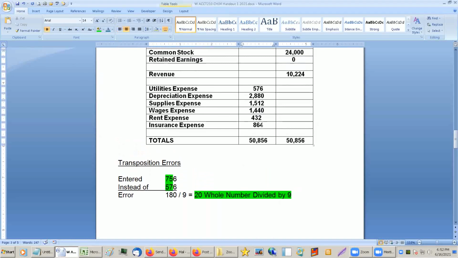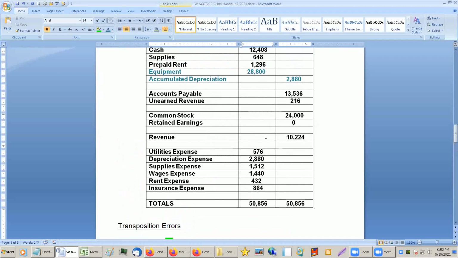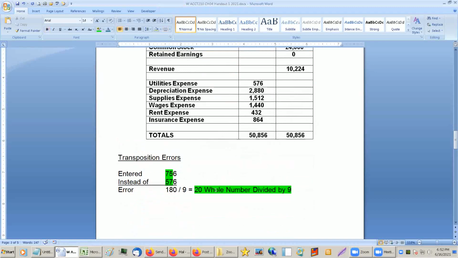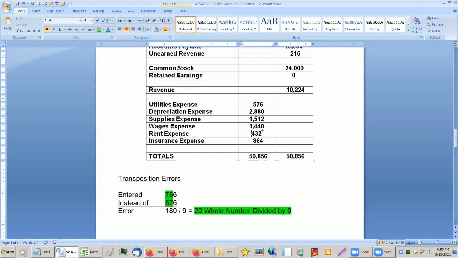So for now, if you look up here, you're out by 180. There's nothing on here for 180. If you divide it by 9, it could be a transposition error. Another thing, if you have it on the wrong side, for instance, notice what would happen if I had this utilities expense over here instead.